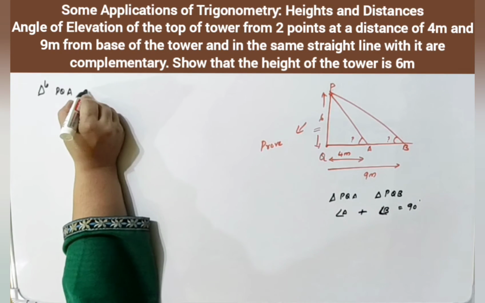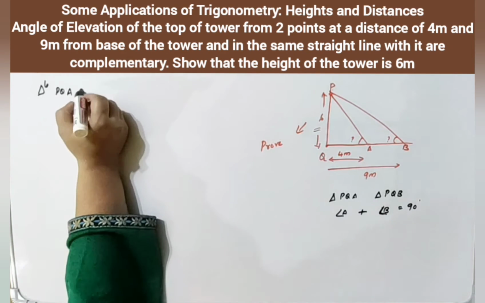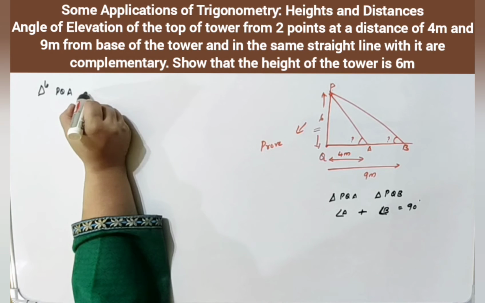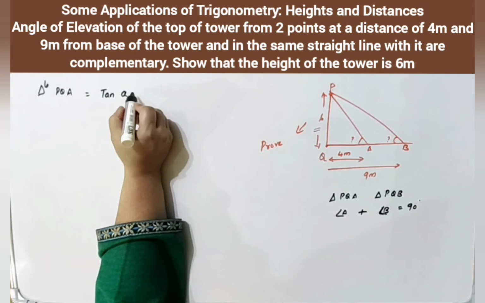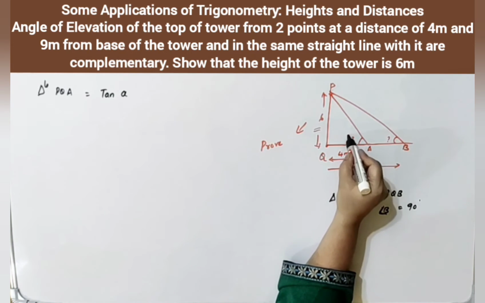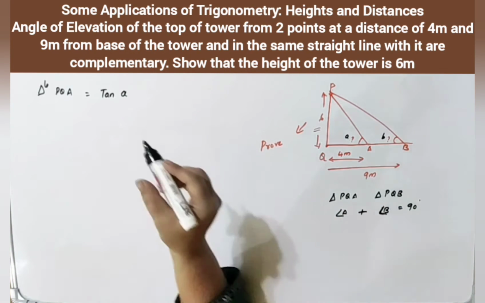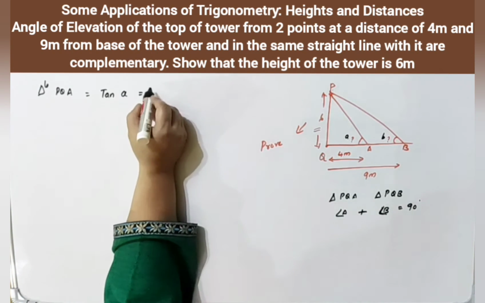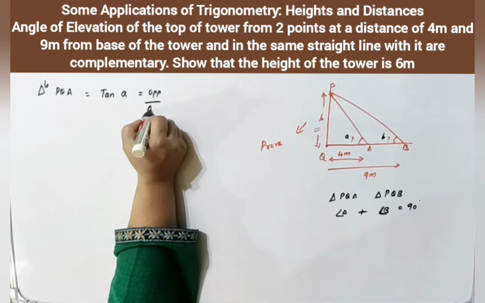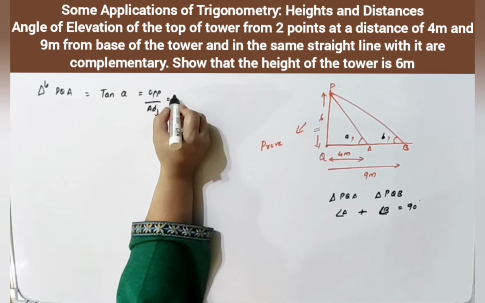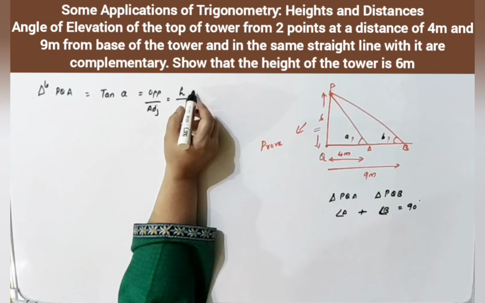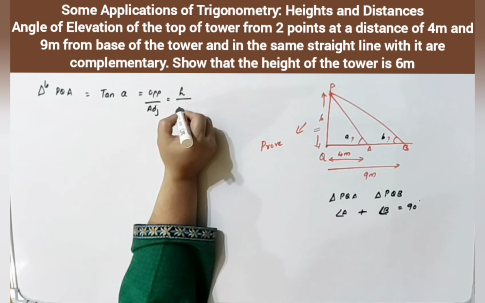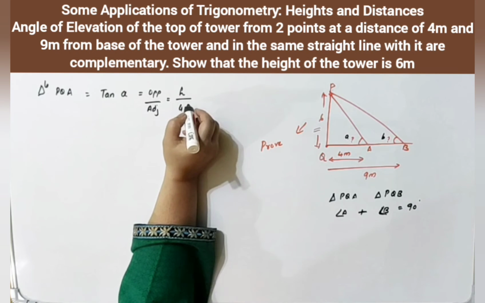So tan A is equal to opposite by adjacent. Opposite is, we don't know, it is H. We'll keep it as H because we have to prove through calculations that it is going to be 6 meters. Adjacent side is 4 meters.